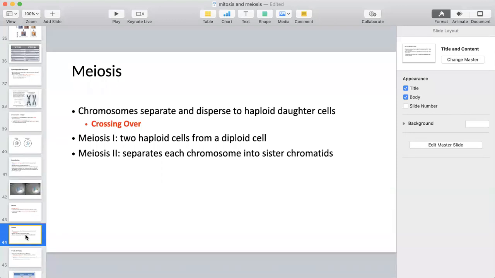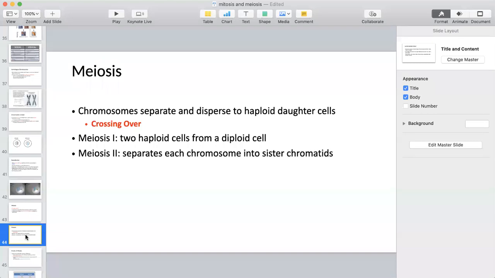But in a nutshell, these chromosomes are being separated and dispersed into these daughter cells during this reproduction process. This is a random activity. There's no rhyme or reason for which chromosomes are going to be distributed to which daughter cells that are being made. But crossing over takes place.